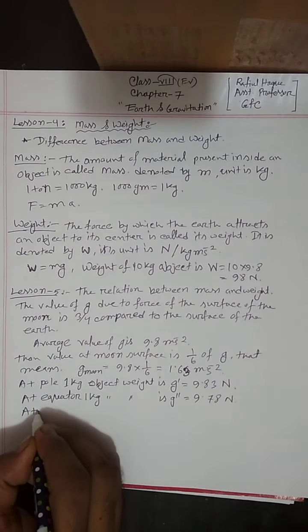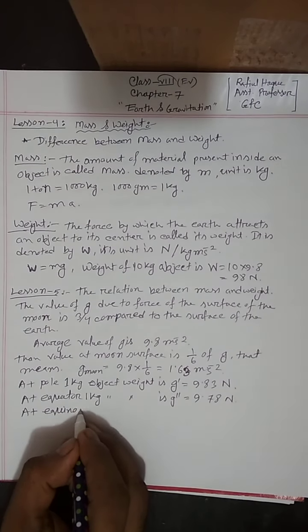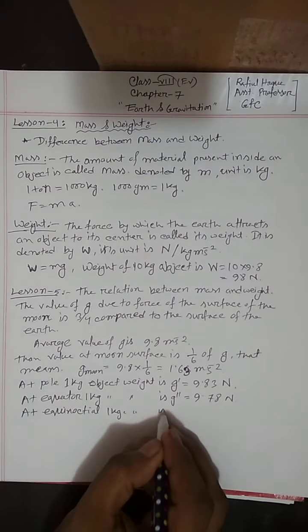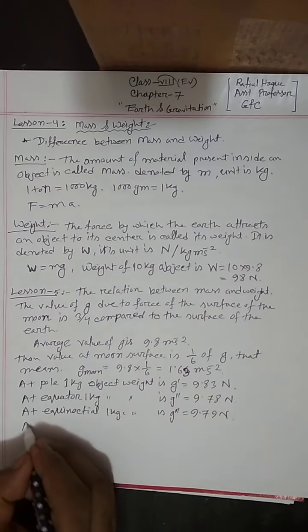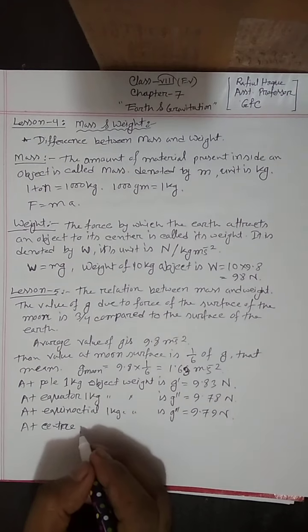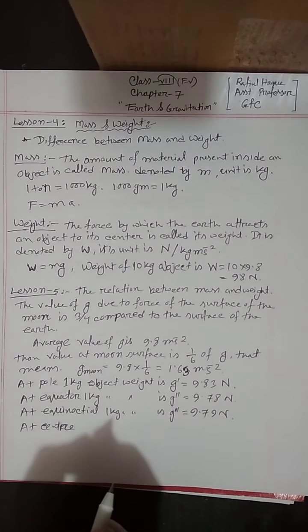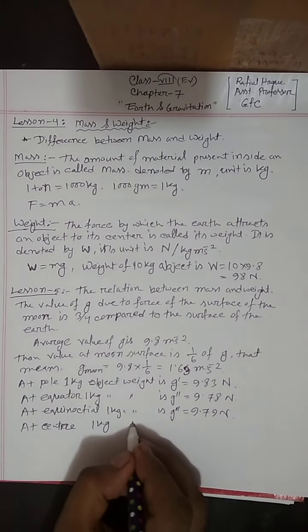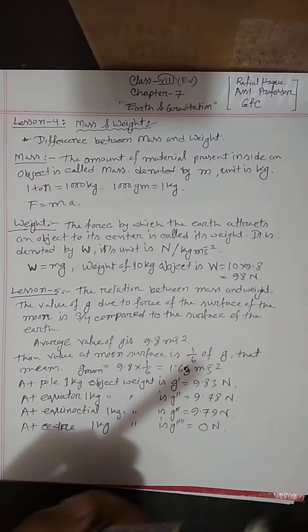At the equatorial point, a 1 kg object weighs 9.79 Newton. At the center, it is zero Newton, because at the center g is 0.